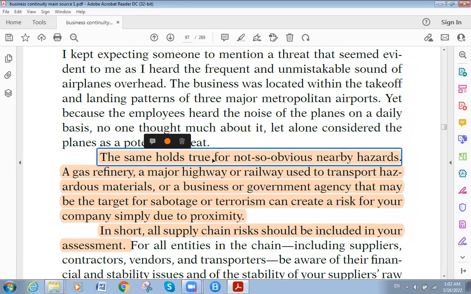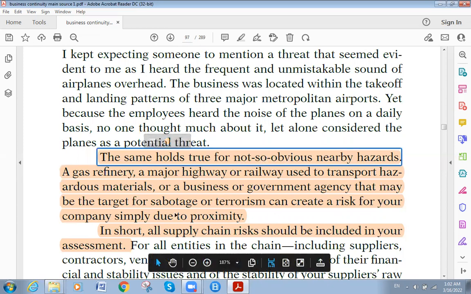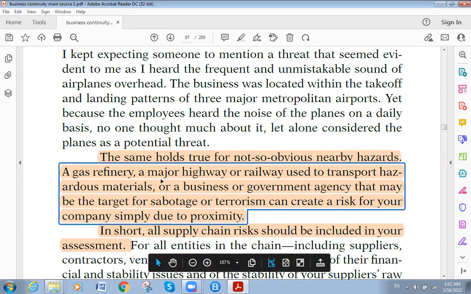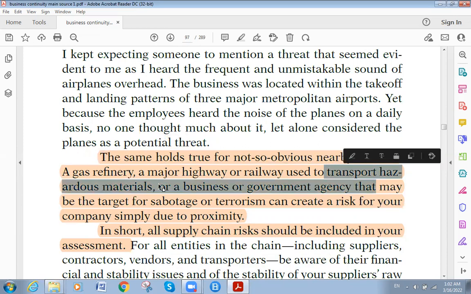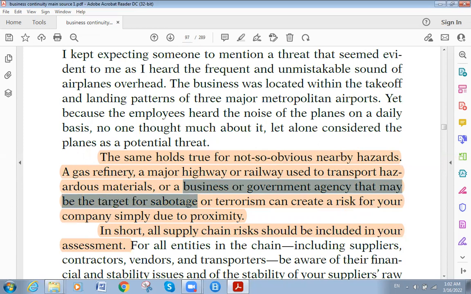The same holds true for not so obvious nearby hazards. A gas refinery, a major highway or railway used to transport hazardous materials, or a business or government agency that may be the target for sabotage or terrorism can create a risk for your company simply due to proximity.